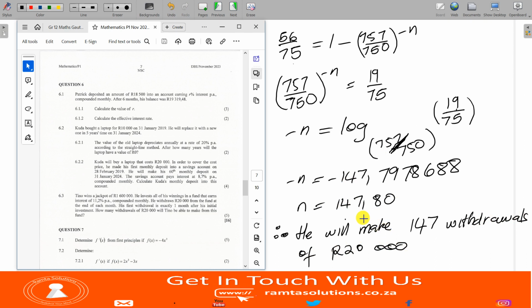So this is it, guys. This is how you attempt finance. I know for this question, most of the students who wrote this, or even you guys who are doing these past papers, the fact that 6.2.1 said you must use the straight line method, you are not used to straight line.